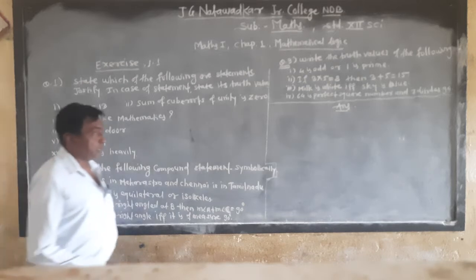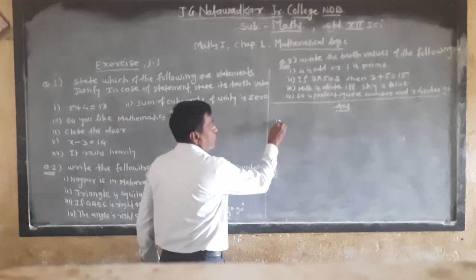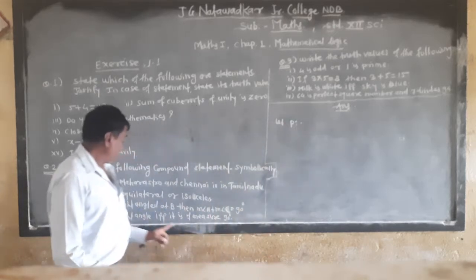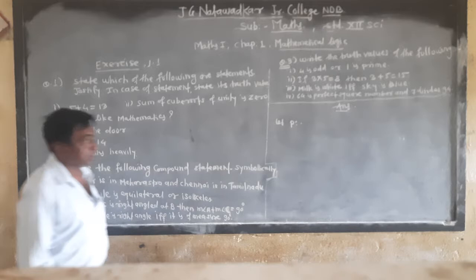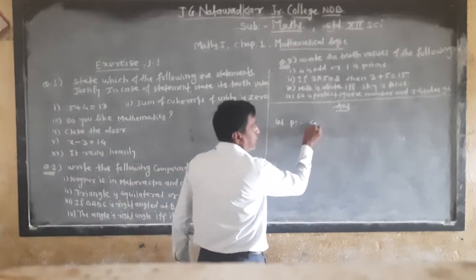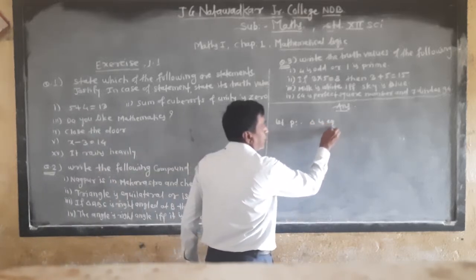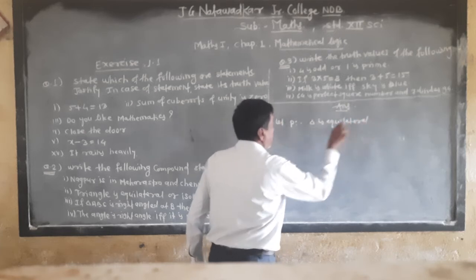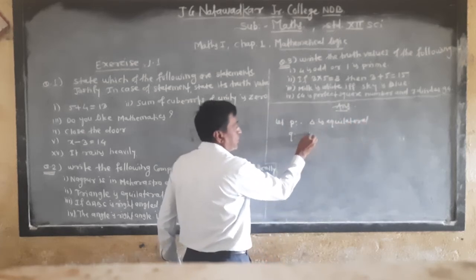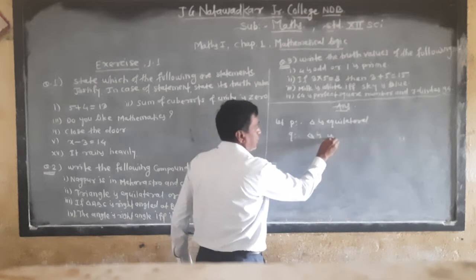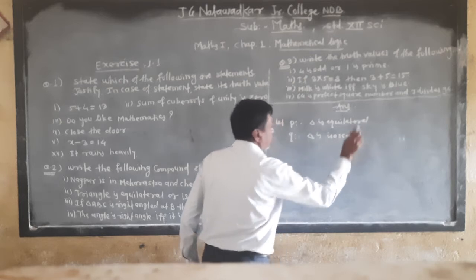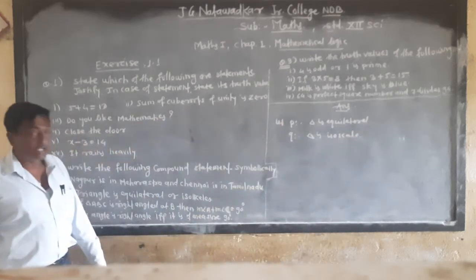Here there are two statements. I will denote the first statement P as: the triangle is equilateral. And Q means the triangle is isosceles.